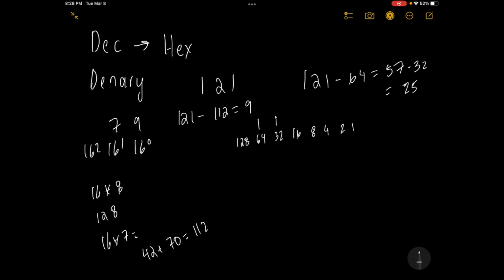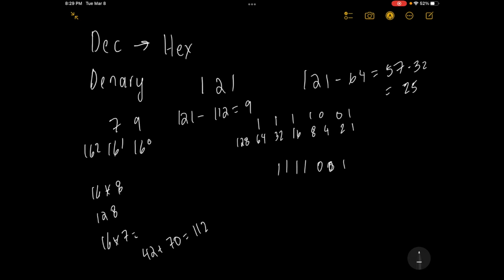So we're going to have 1 right there, and then we can have 1 right here. And that means we're just going to have 9 left after that. So we'll have 1 right here, and then 1 right here. So that's going to be our binary value. So once we've done that, then we can divide this up. Basically we have the binary value 1, 1, 1, 1, 0, 0, 1.